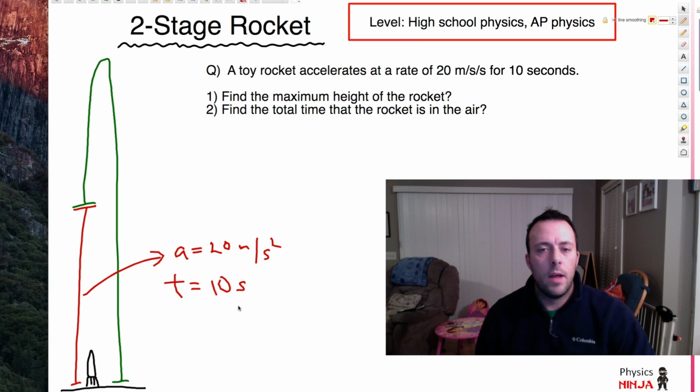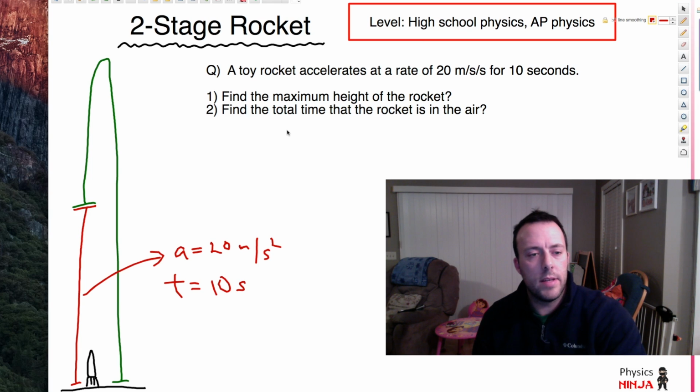Okay. The second part, the acceleration, is also known actually. It's not explicitly said in the problem statement. However, once the rocket turns off, the acceleration is simply going to be acceleration due to gravity, which is minus 9.8 meters per second squared.